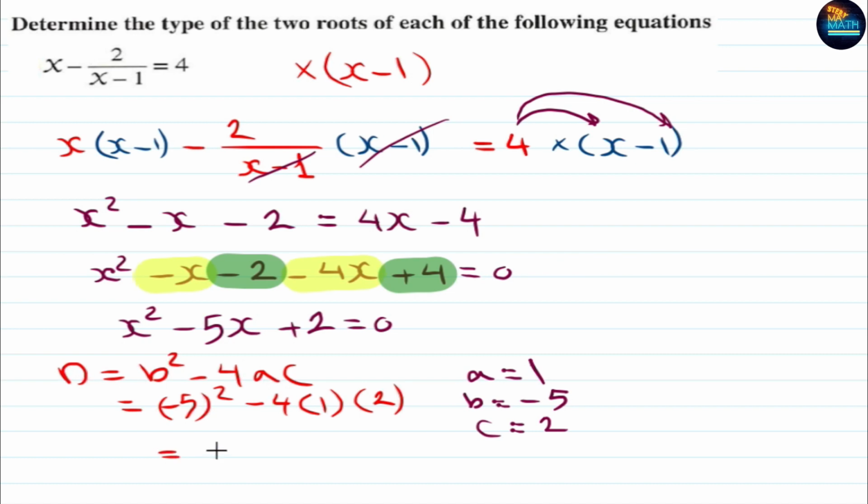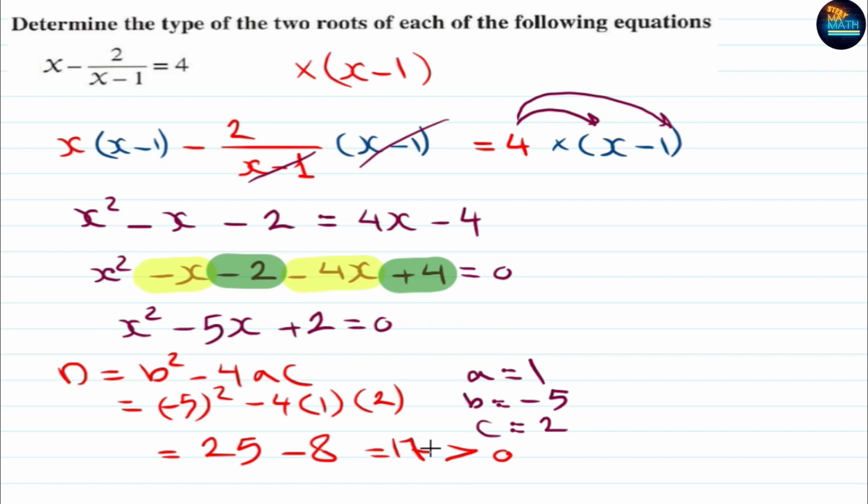So the discriminant is equal to negative 5 squared is 25, and negative 4 times 1 times 2 is negative 8, is equal to 17. And what about 17? 17 is positive or negative? Of course, it's positive, so it's greater than 0. Now, what about the roots? Are the roots real and equal, or real and different, or complex and not real?